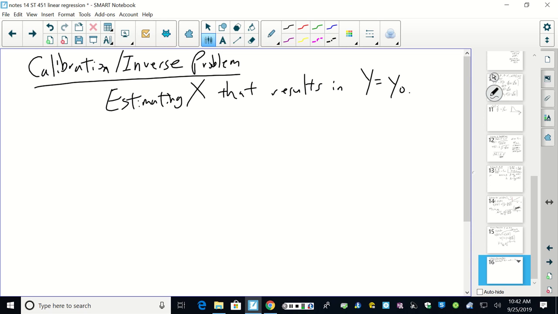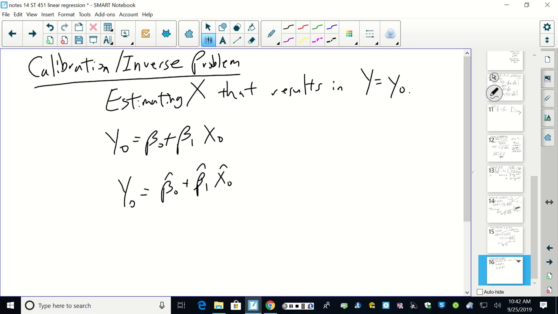Instead, we're in this regression context, and we want the x0 that's going to produce y sub 0. If we have an estimated regression, we ultimately want to solve for x sub 0, which is y sub 0 minus beta 0 over beta 1.